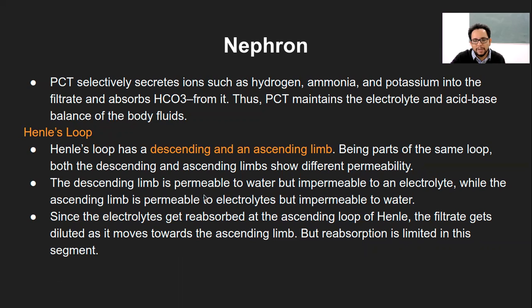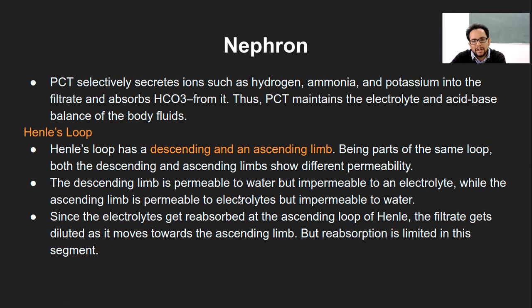What it means is, the descending limb is permeable to water, so water goes out of that first part and it becomes concentrated because it is impermeable to electrolyte. So less water, more electrolyte, while in the other situation, that is the ascending limb, it is permeable to electrolytes.